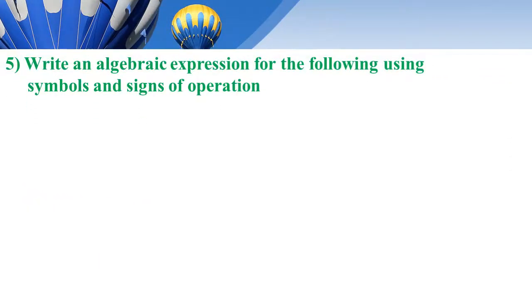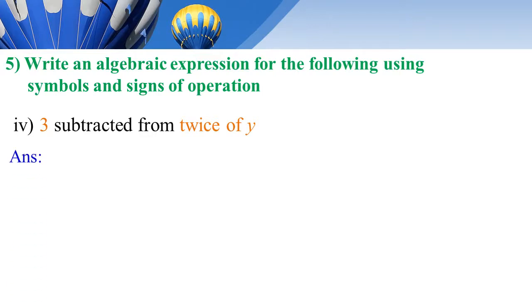The fifth problem. Write an algebraic expression for the following using symbols and signs of operation. So the first one, 3 subtracted from twice of y.